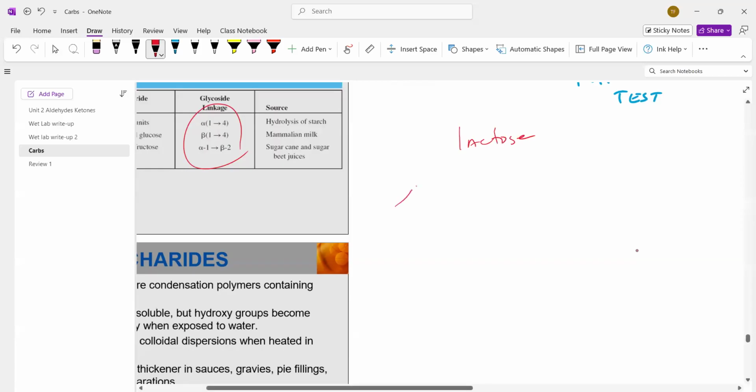So here's, okay, so that's galactose. So this is galactose.